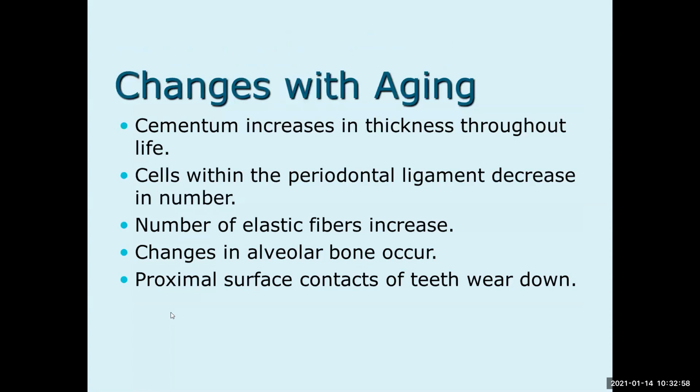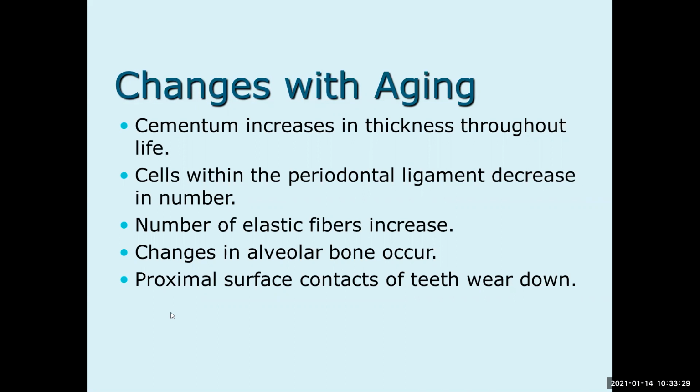Changes with aging. The cementum increases in thickness throughout life. Everything changes with aging. The cells within the periodontal ligament decrease in number because we're not going to be as prolific as when we were younger. The number of elastic fibers increases. The space has to be taken up with something. Changes in the alveolar bone can occur, and the proximal surface contacts of the teeth wear down.